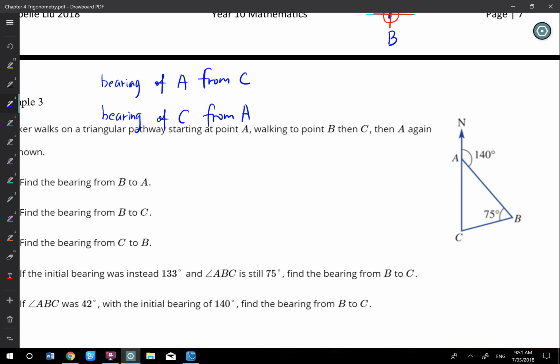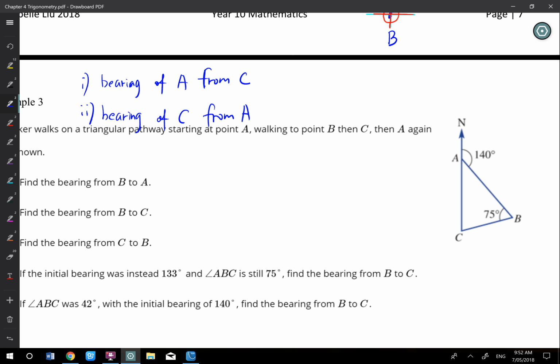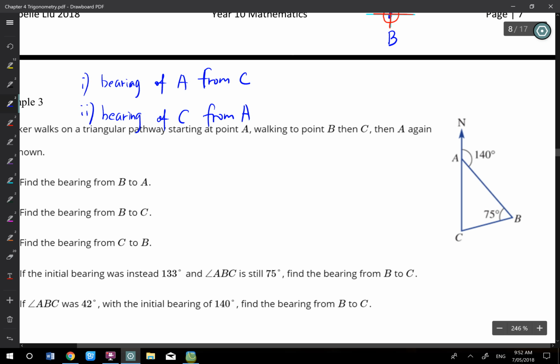Let's do this one first. What's the first one you think? Well, I can say two ways.